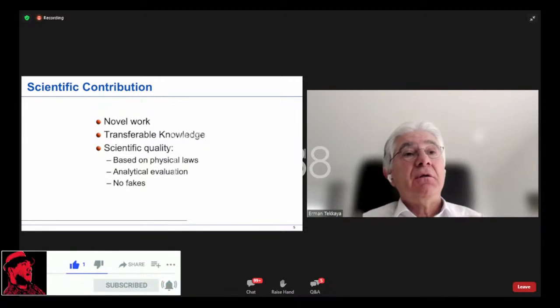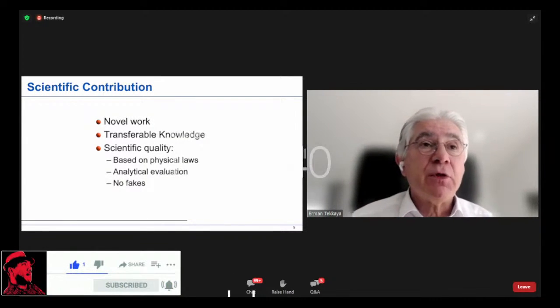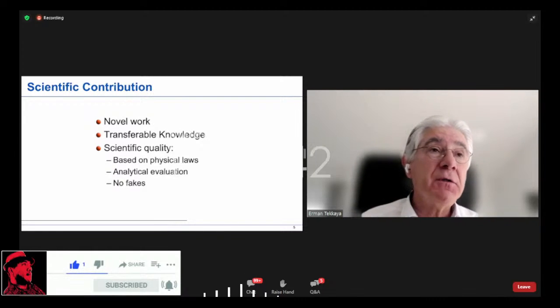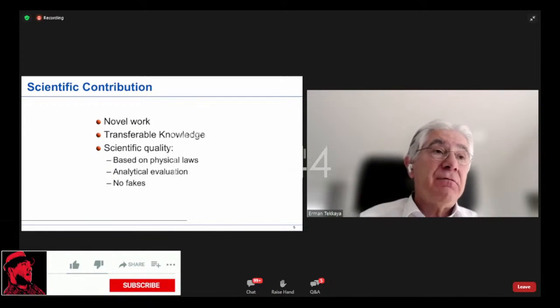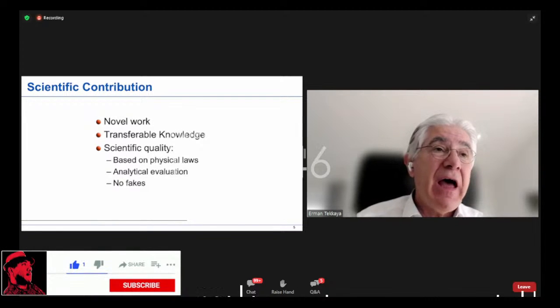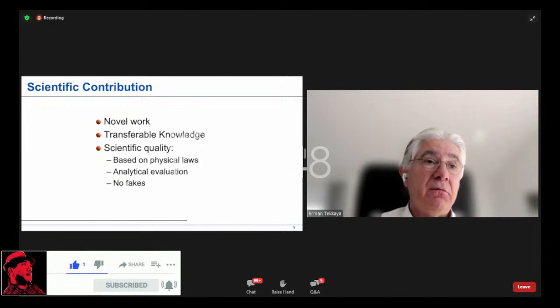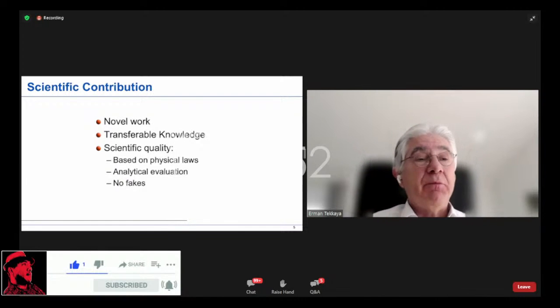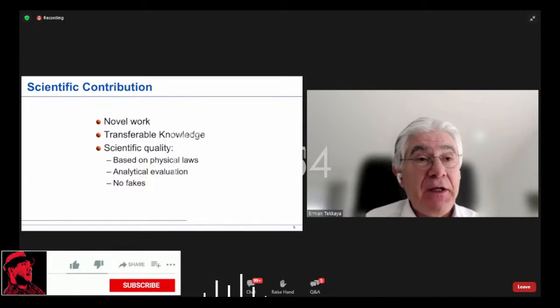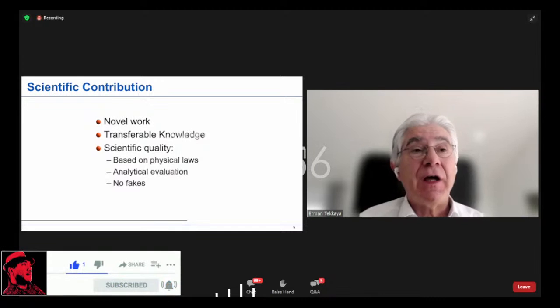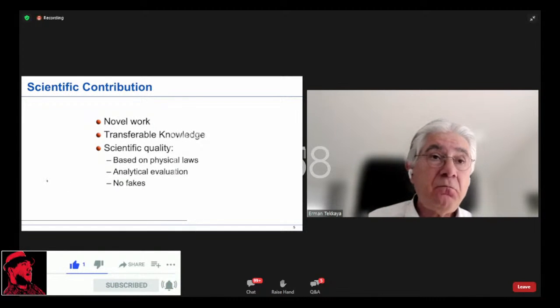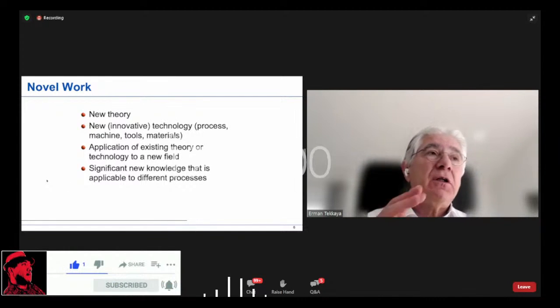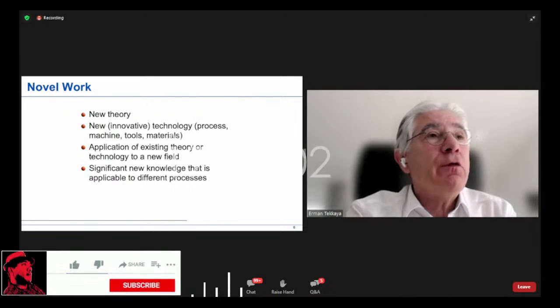Plus, it must deliver transferable knowledge. This is very important. And finally, it must have a scientific quality. That is, it must be based on physical laws, it must be based on analytical evaluation and thinking, and it should have no fakes.